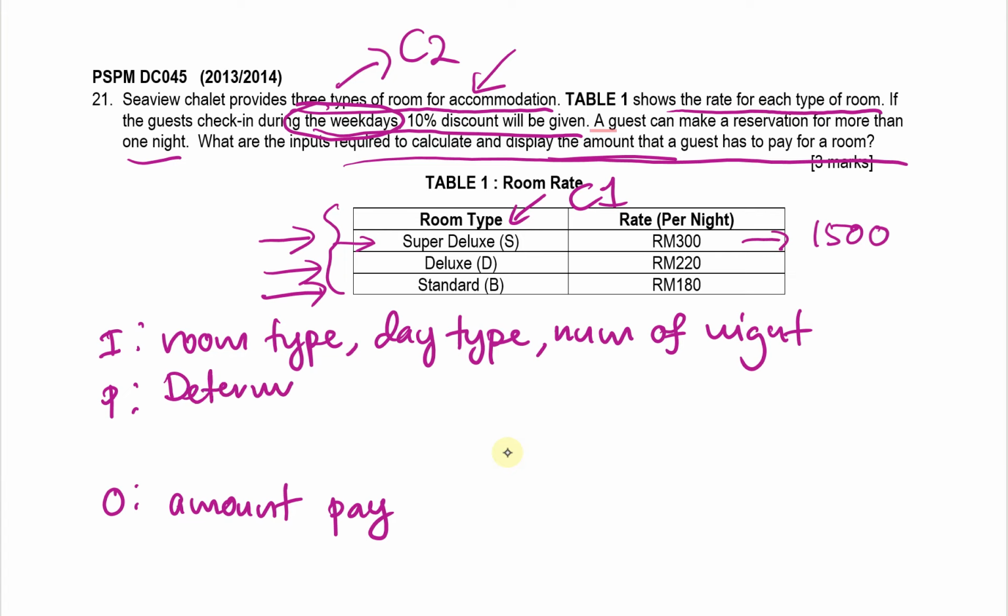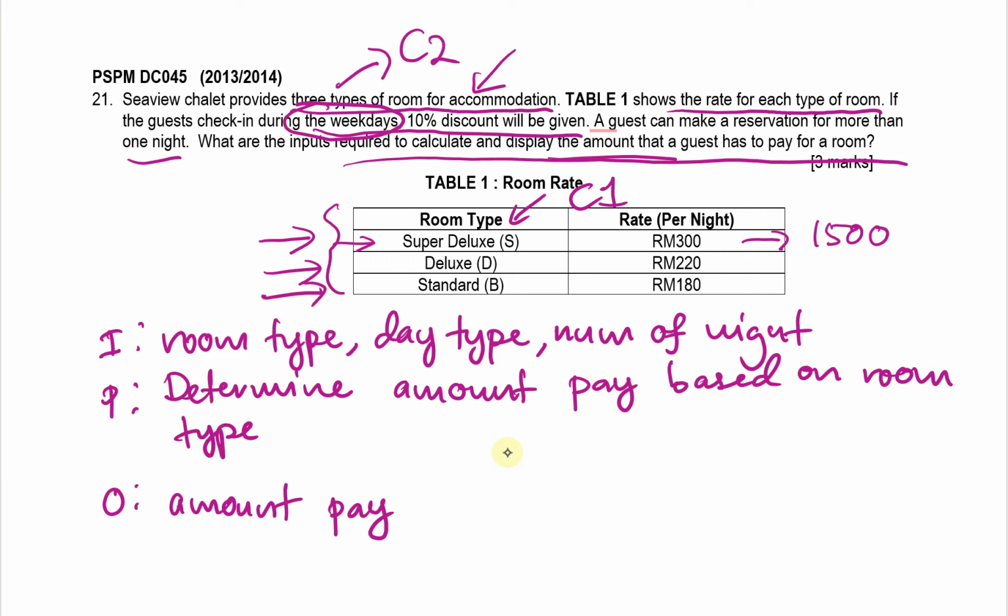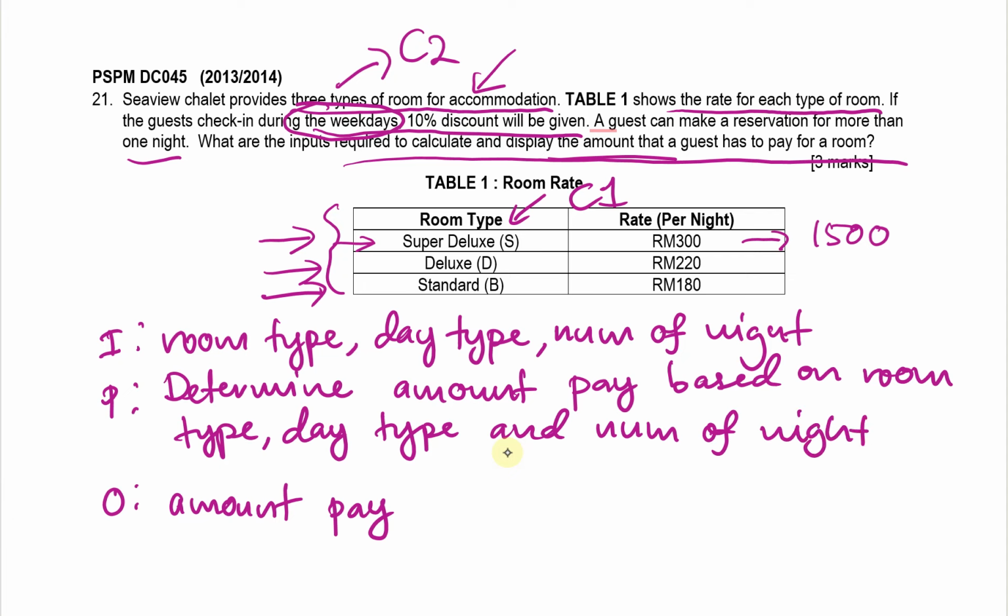Determine amount pay based on what? Based on room type, day type, and number of nights. Okay, this is the easiest way to write the process.